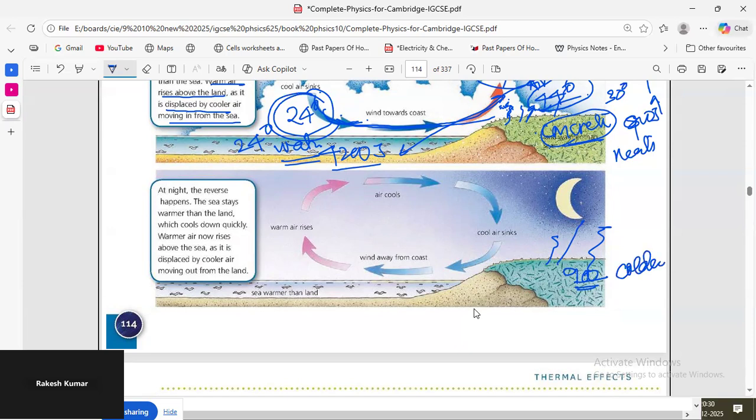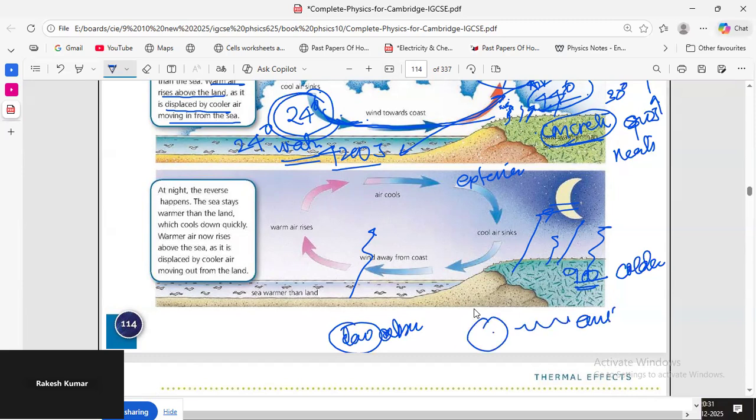Supposing at night there is no sun, both will start losing heat. A body will absorb heat when it is at a lower temperature than its surroundings, and it will emit heat when it is at a higher temperature.